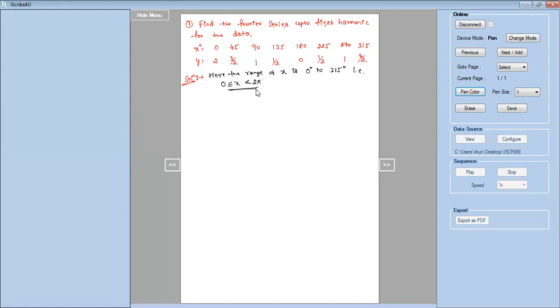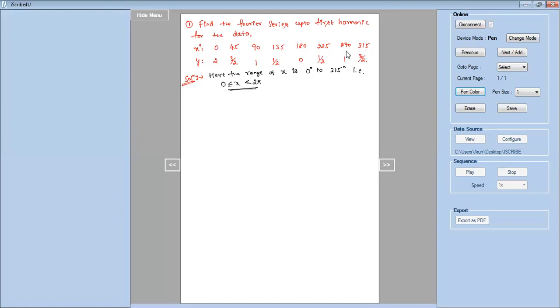But anyway, we can identify it like this also. The values of x are given in degrees. It starts from the first quadrant and ends at the fourth quadrant. So it is a periodic function of period 2 pi. Always you're going to get data like this. It starts at the first quadrant and ends at the fourth quadrant. That means the first value will be in between 0 and 90, and the last value will be in between 270 and 360, maybe equal or in between also.